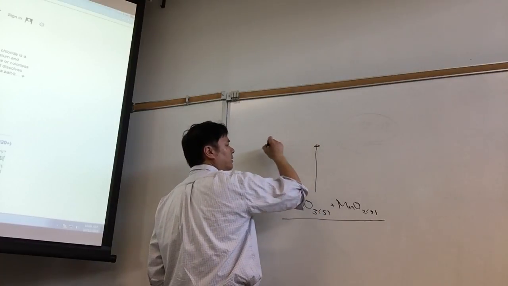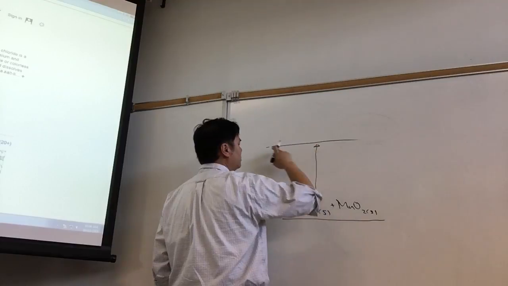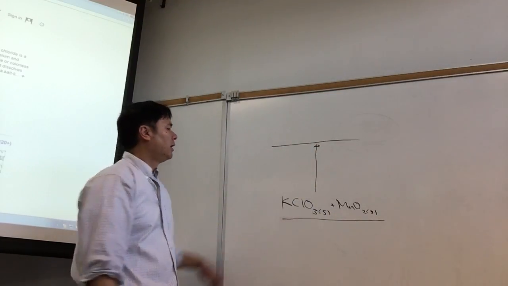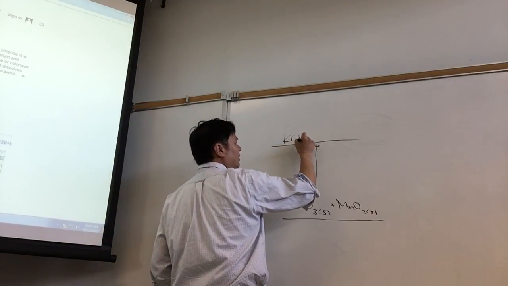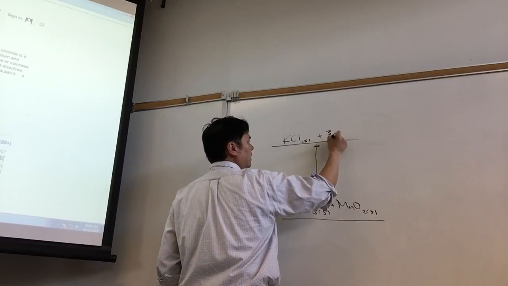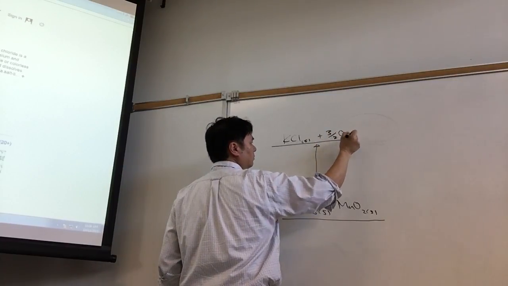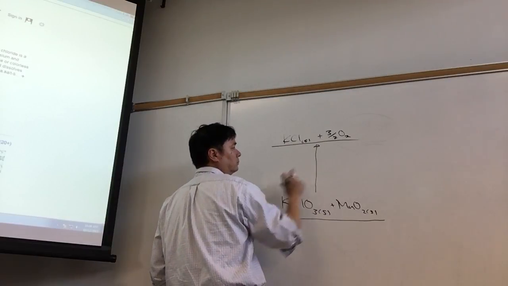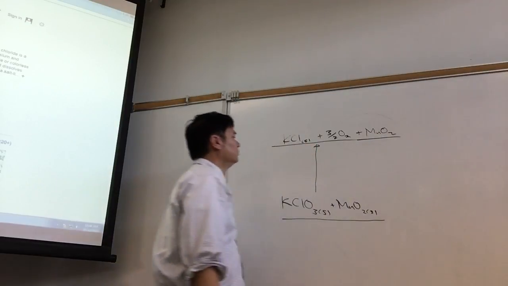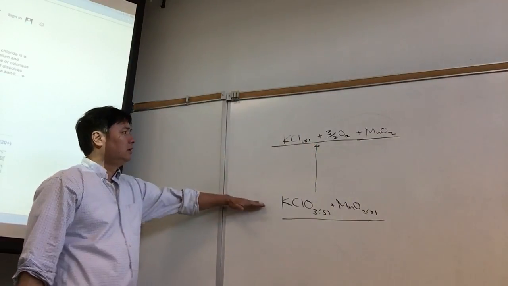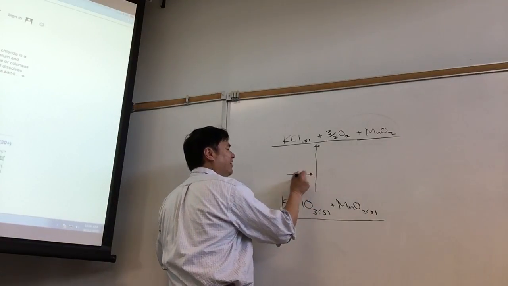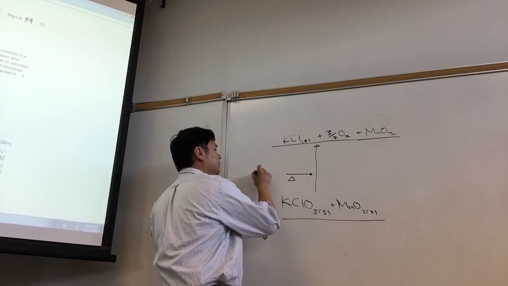What we're interested in is taking KClO3 and MnO2 and going to KCl. Actually, I think I made a mistake earlier with the direction. Plus 3 halves O2 plus MnO2. So in other words, what we're going to do is we're going to heat it up by adding some energy in the form of heat here.